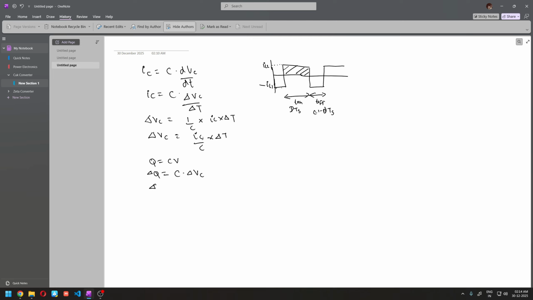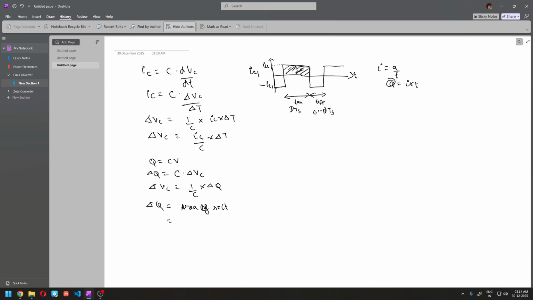So basically delta VC will be 1 by C into delta Q. And how we find delta Q is by finding the area under this curve, which I just shaded, because we know that I is equal to Q by T. So Q is going to be I into T. And since we have the capacitor current versus time graph here, the area under this part should give us the charge. So now looking at the on state, you can see that it's basically like a rectangle. So the area is going to be the area of this rectangle.